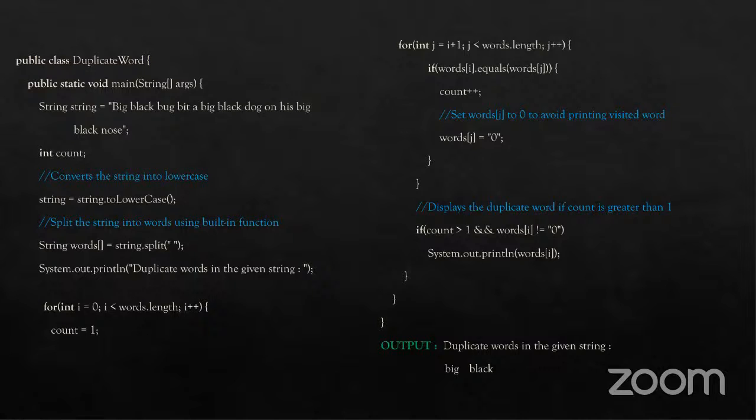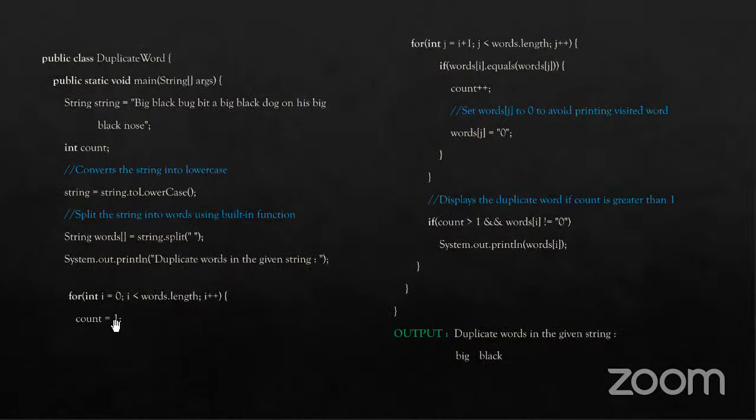Instead of the word, if you want to print the count also, you can. Inside count we have how many times it is repeating, so you can print the count here. That is about how to find duplicate characters and duplicate words inside a string.